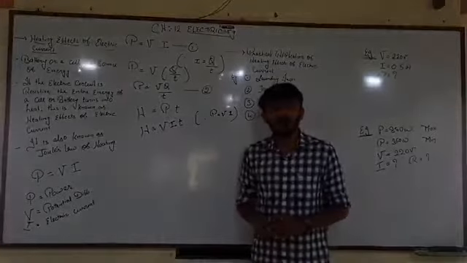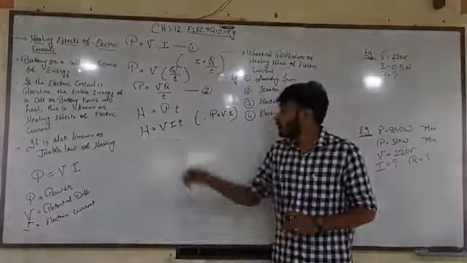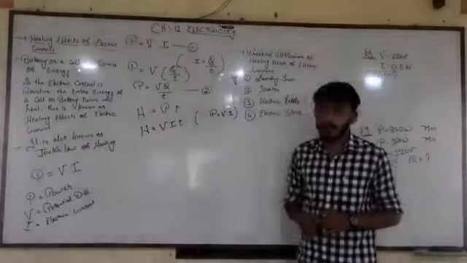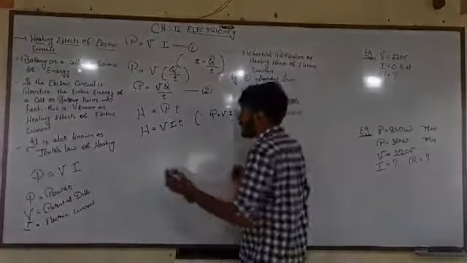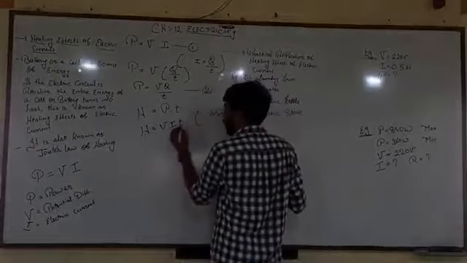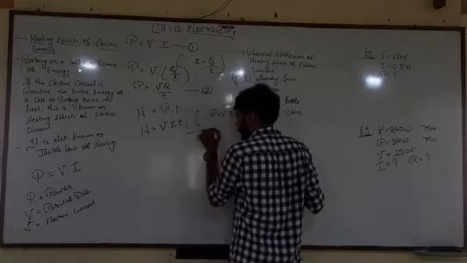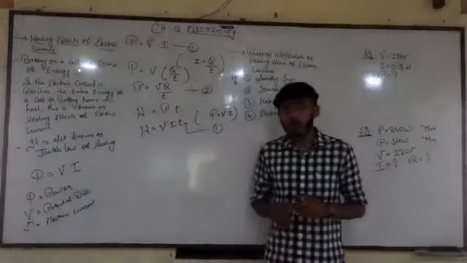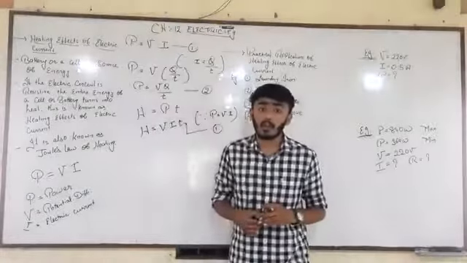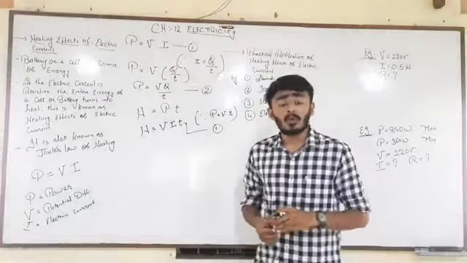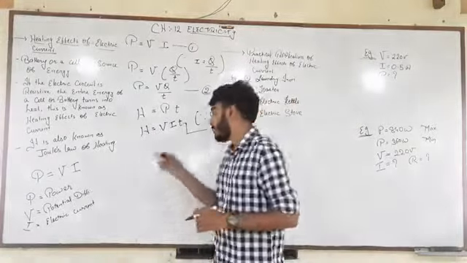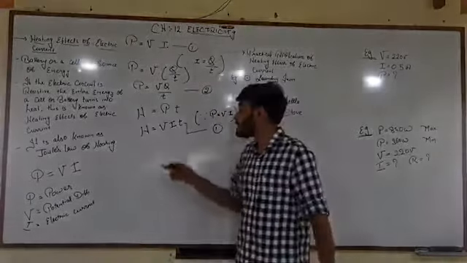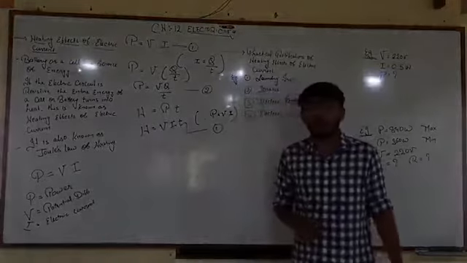I hope you are clear with this. So this is the first formula for heat. The heating effect of electric current can also be said to be the product of potential difference, electric current and time.